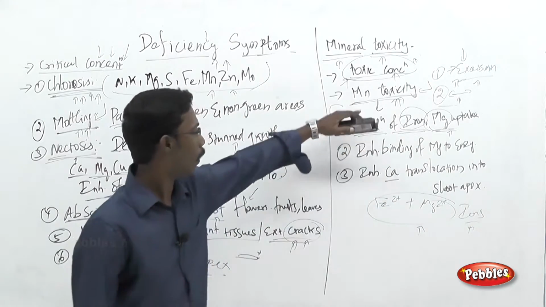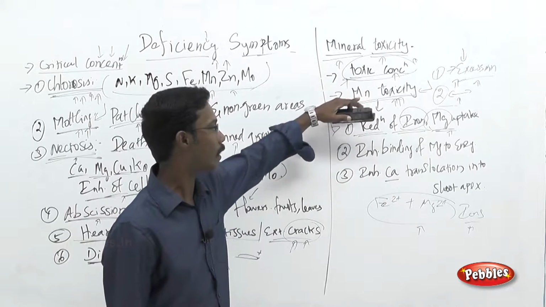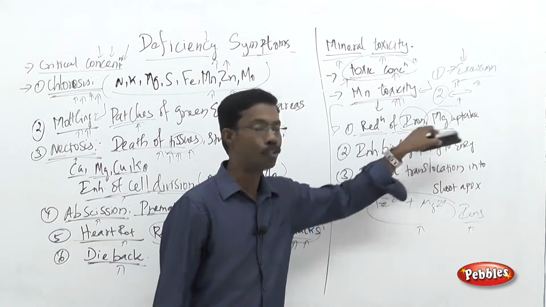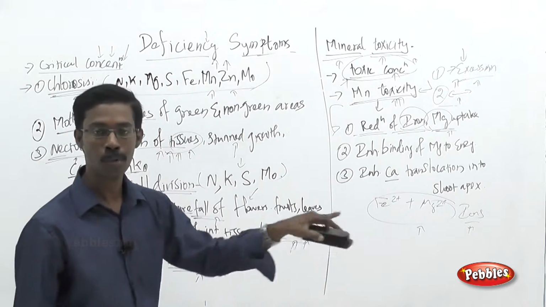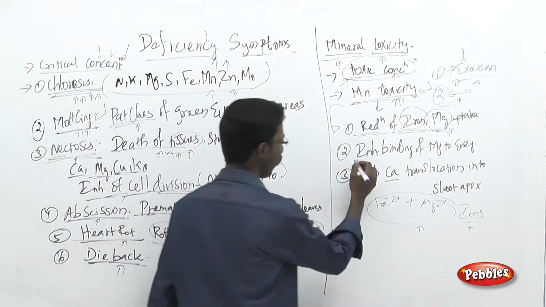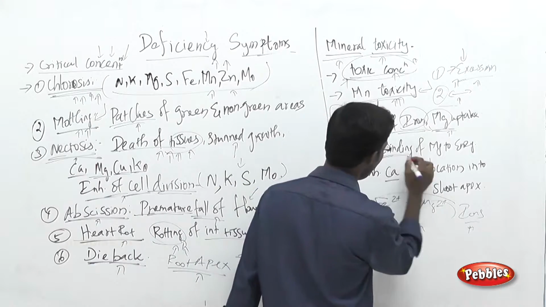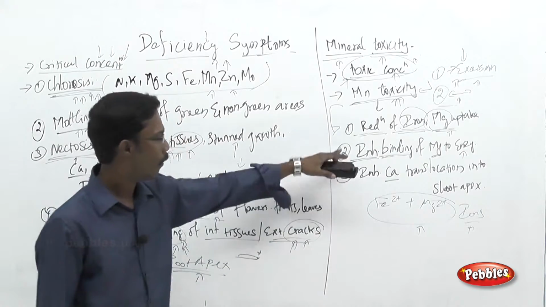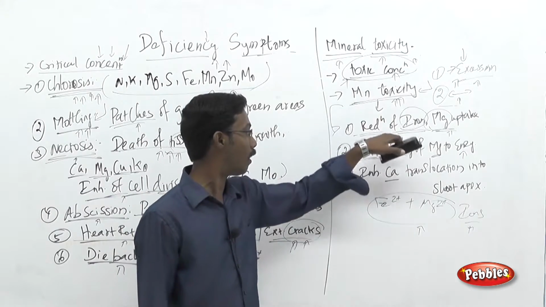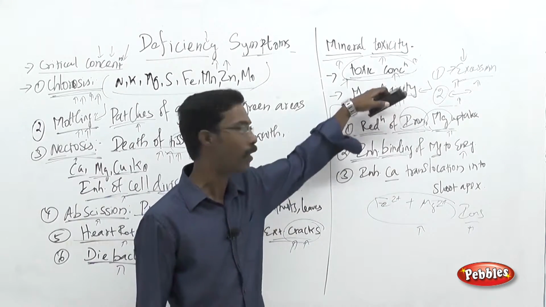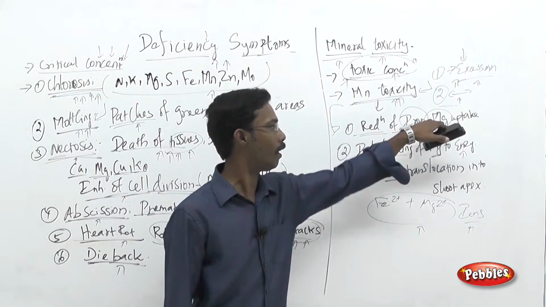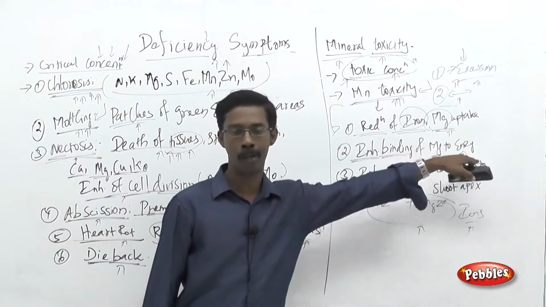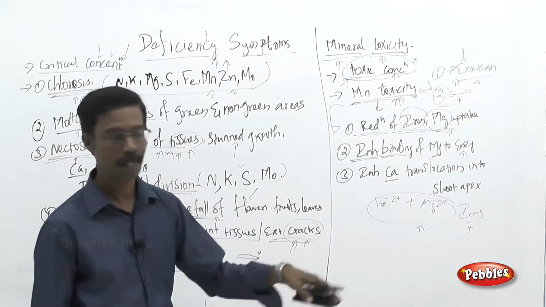The point to remember is that the excess concentration of manganese reduces the uptake of these two ions by the roots of the plant, and it also inhibits the binding of magnesium to enzymes. So it interferes with iron and magnesium uptake and with the binding of magnesium to the enzymes.